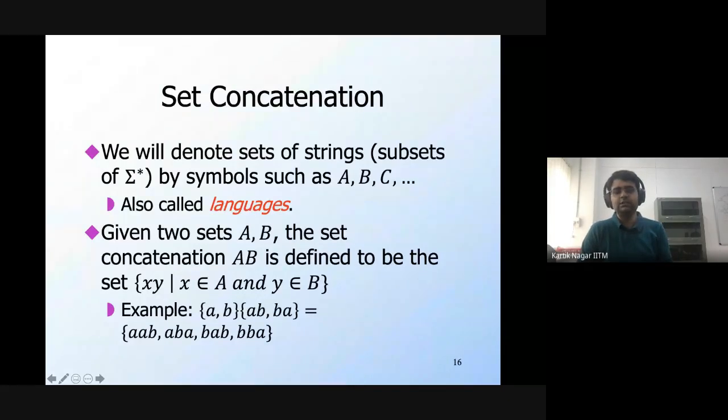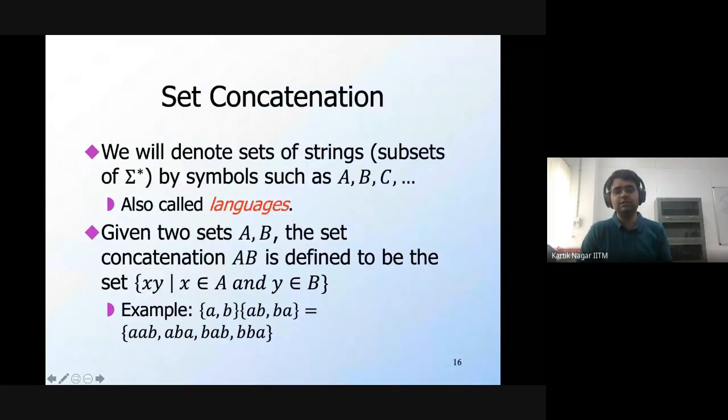So the main problem that we're interested in is that we are given an alphabet, which is just a set of symbols, and you can create arbitrary strings using this alphabet, where a string is just a sequence of the symbols of the alphabet. And then we have a language. A language is a subset of the set of all strings.